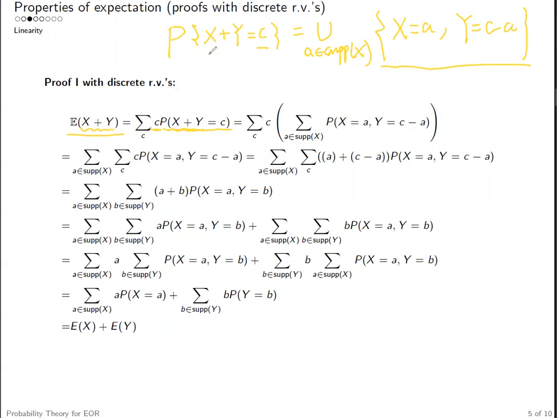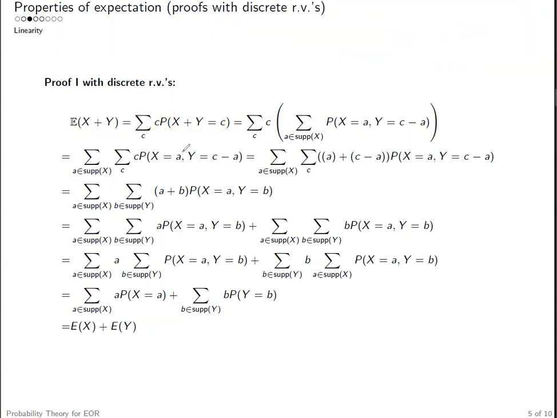The probability of this event, according to the axiom of probability, is essentially equal to the summation of the probabilities of these events, right? So this one is equal to the summation of this. This is the first equality here. Okay, let's move on to the next one.